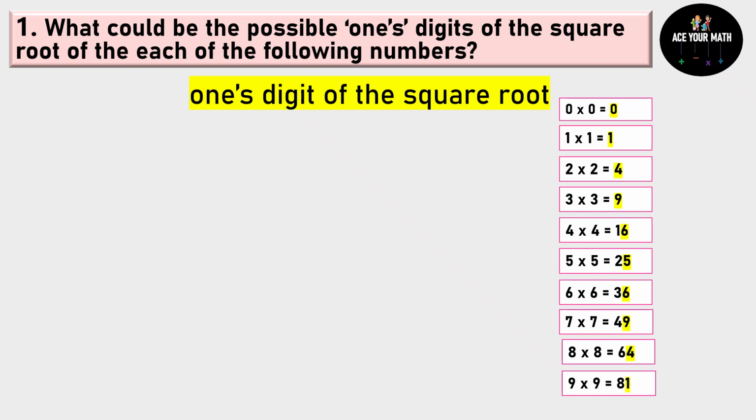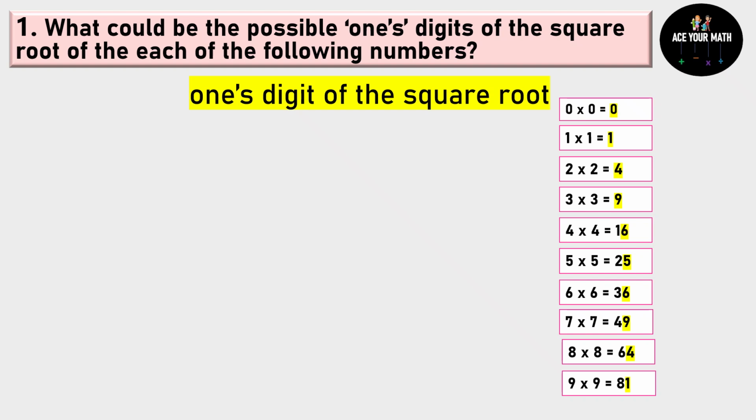Square of 4 will give you 6 at the unit place. Square of 5 will give you 5 at the unit place. Square of 6 will give you 36, and 6 at the unit place. Square of 7 will give you 49, 9 at the unit place. Square of 8 will give you 64, 4 at the unit place. And square of 9 will give you 81, 1 at the unit place.